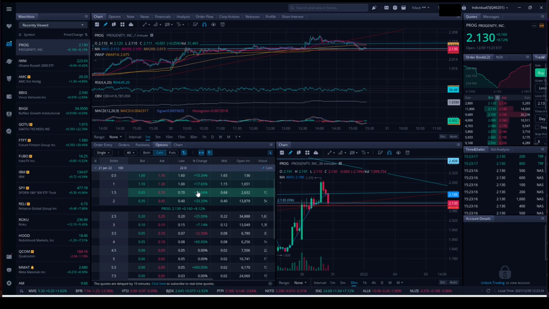The net effect of that is that you're offsetting your cost of purchasing the lower strike price by selling a call that's a little bit higher. In an ideal scenario, the price of the stock will go above both of those option strike prices, and that will result in max profit for you.